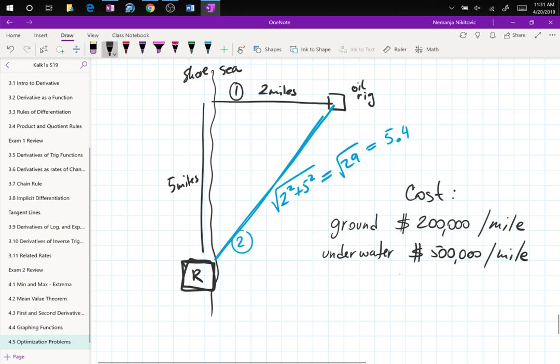Well, the answer is of course no, right? We don't need calculus. To calculate route 1, the cost is going to be 2 miles underwater.